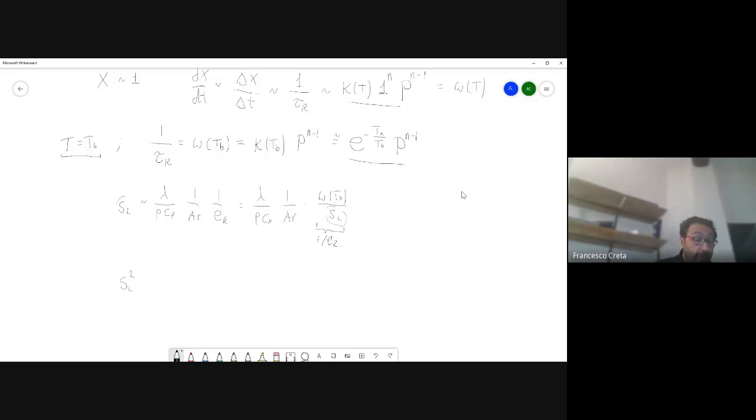So SL squared will scale, be proportional to, let me consider this Arrhenius number really as effective, in the sense that it will be a constant. Let me just get it out of the way. It's a constant that doesn't depend on the operative parameters.